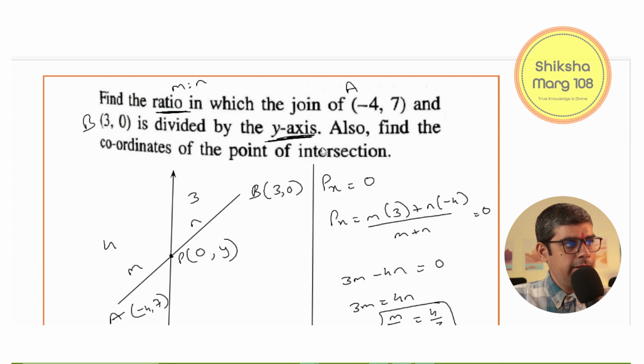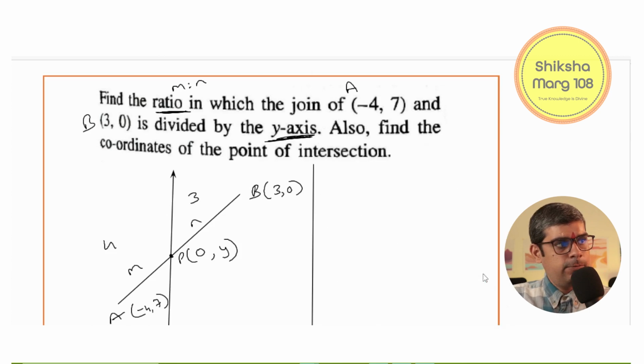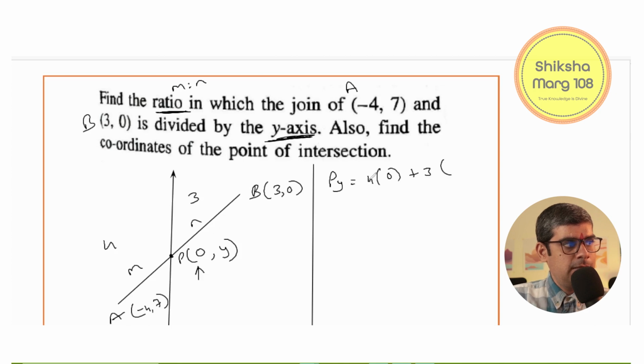The next bit is find the coordinates of point P. So we know the x coordinate of P, which is 0. Now we need just the y coordinate, so that's going to be by using the ratio which we just found out. So that's going to be 4 times the y coordinate of B, which is 0, plus 3 times the y coordinate of A, which is 7, the whole upon 4 plus 3.